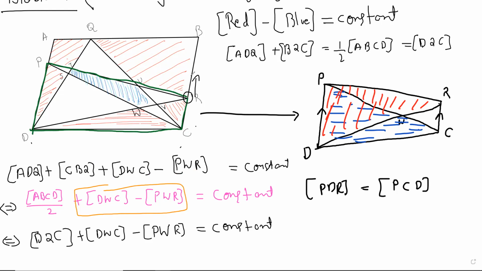So can we argue that the area of the red region also increases? It should, from what we have proved. But can we see that?